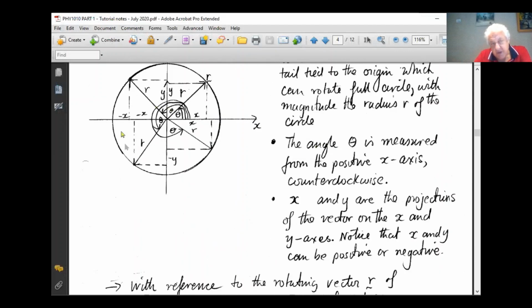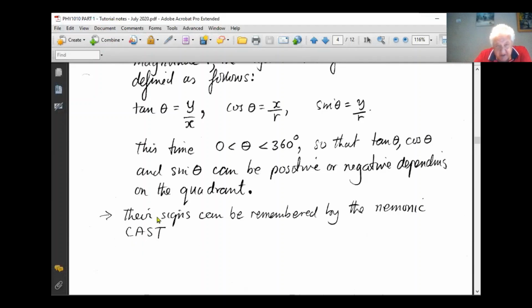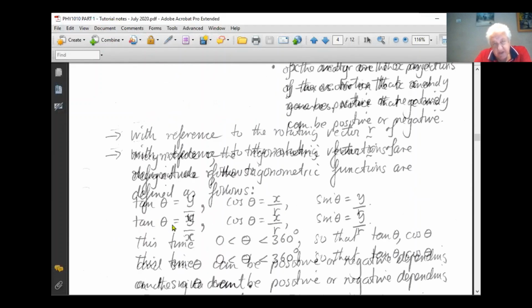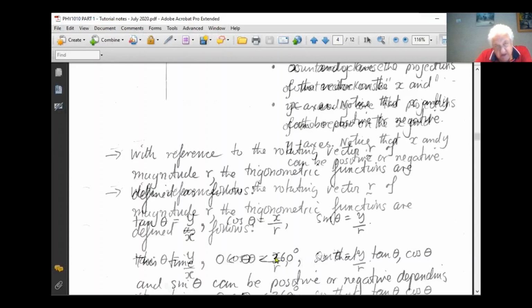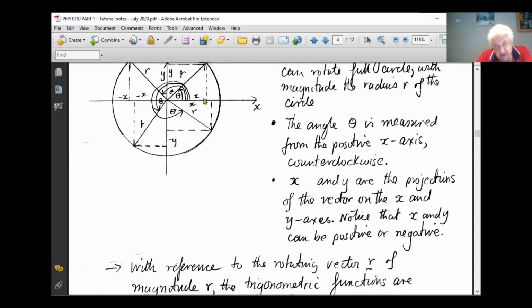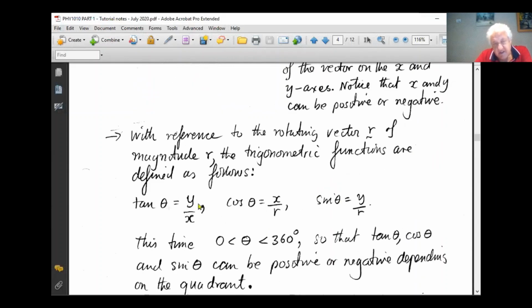The way to remember what the signs are is by this mnemonic CAST. One thing to point out before I explain CAST a bit more. When you feed in the angle as measured from the positive x-axis counterclockwise, the cosine or the sine of theta will come out positive or negative depending on how big the angle is.